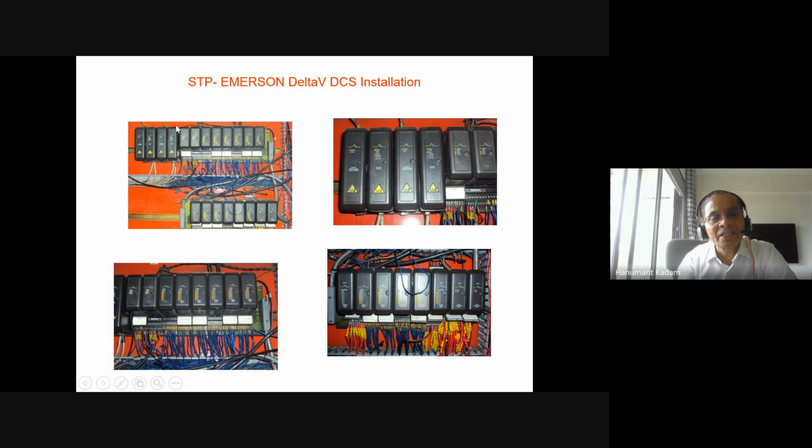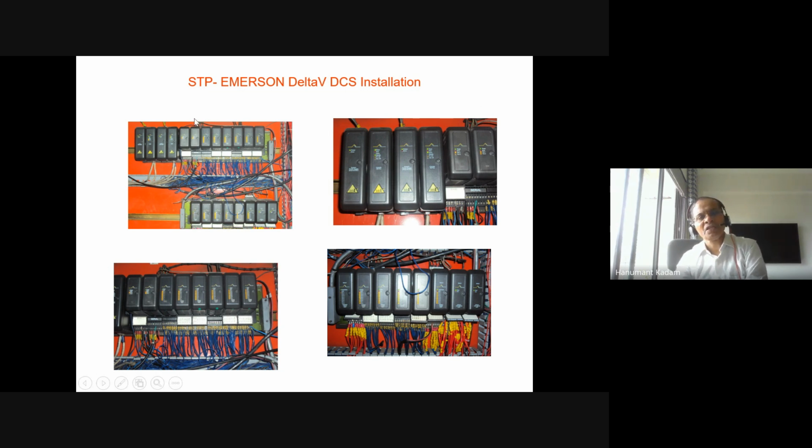Similarly for the secondary controller: this is the primary power supply, primary controller, secondary power supply, secondary controller, and you can see here the network cables. These are normal network cables which we use in our computer. So as far as the connection is concerned, it is very user friendly.